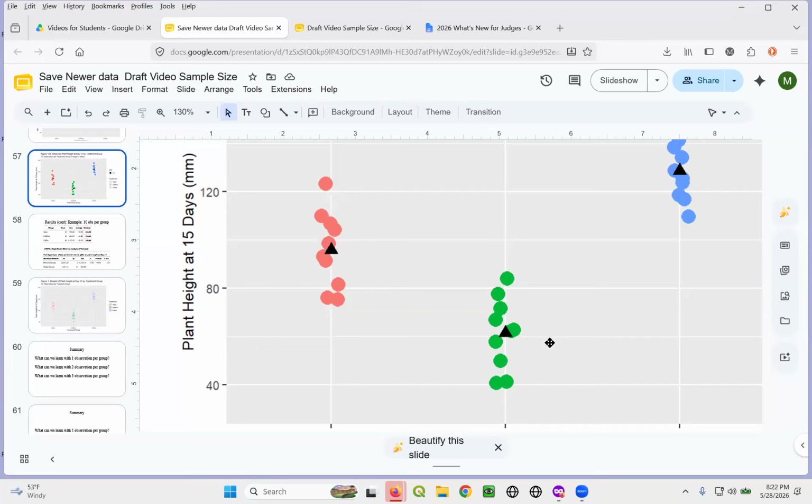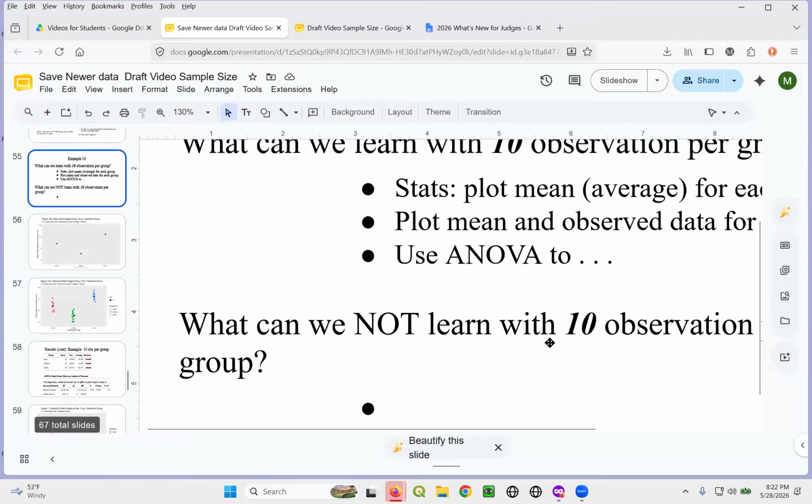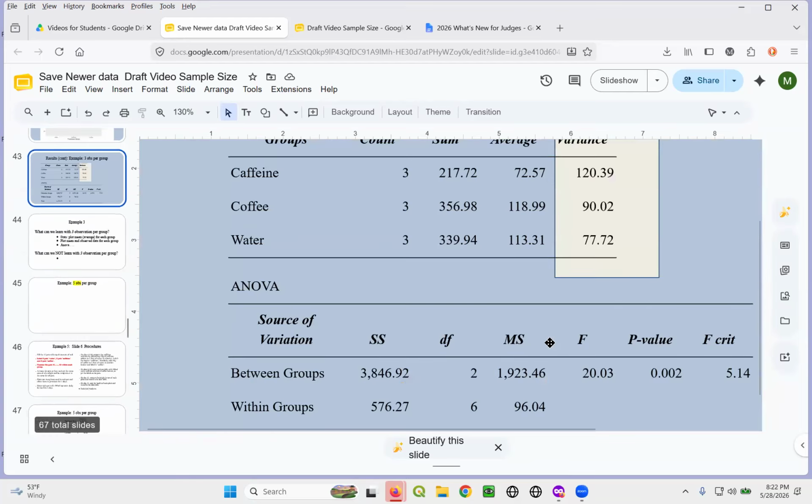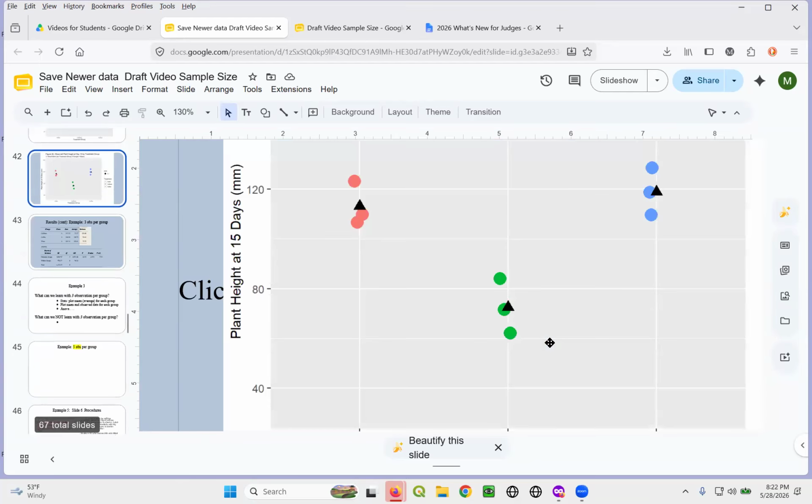Now, if we only had n equals 2, I'm not so sure. See, that's how do we tell them not to be sure?